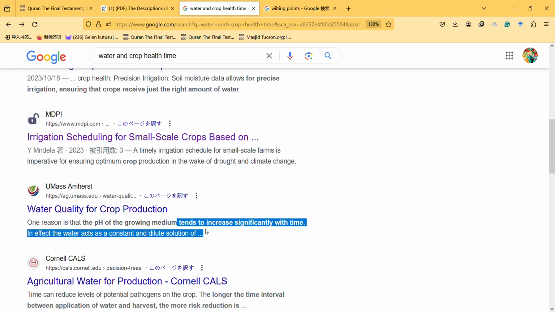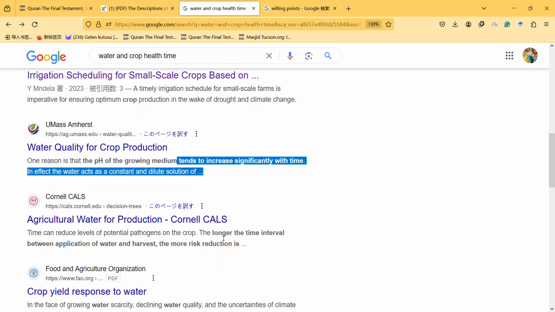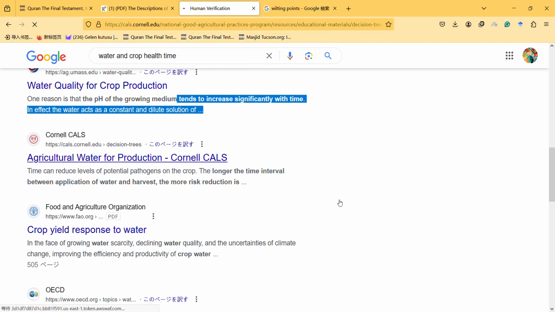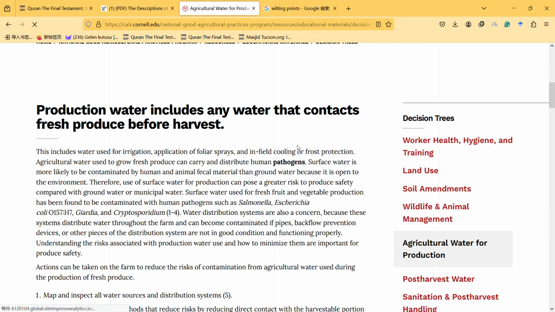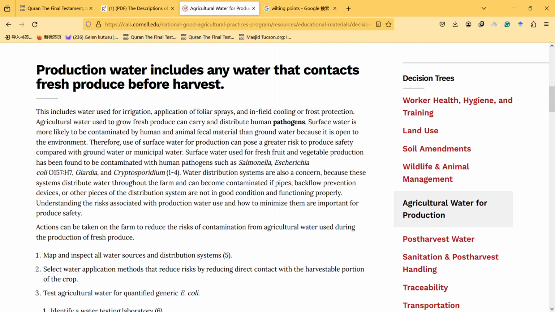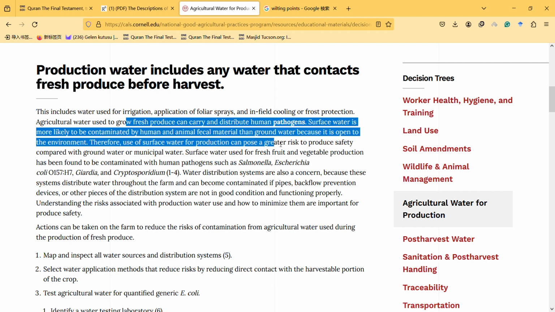One reason is that the pH of the growing medium tends to increase significantly with time. So let's read this website. It's a university website. Agriculture water used to grow fresh produce can carry and distribute human pathogens.